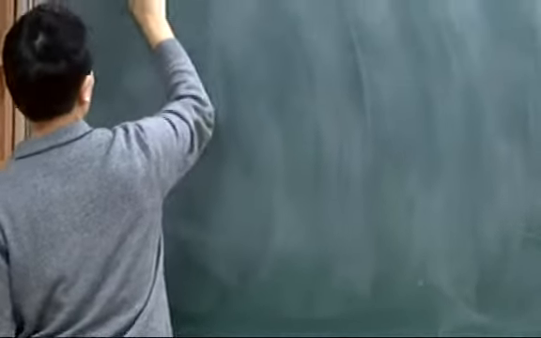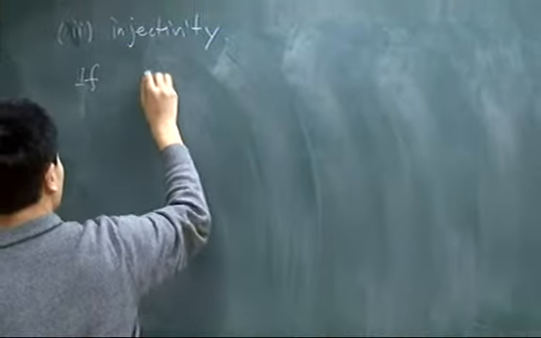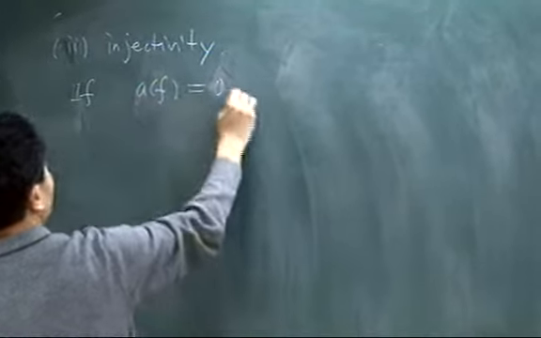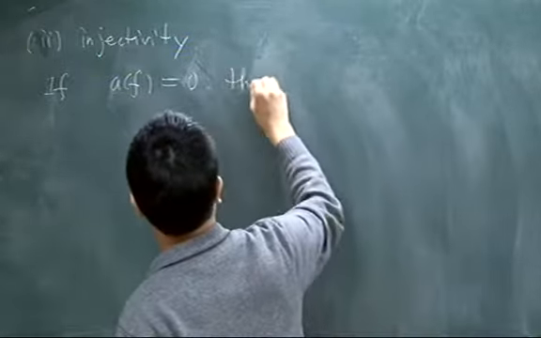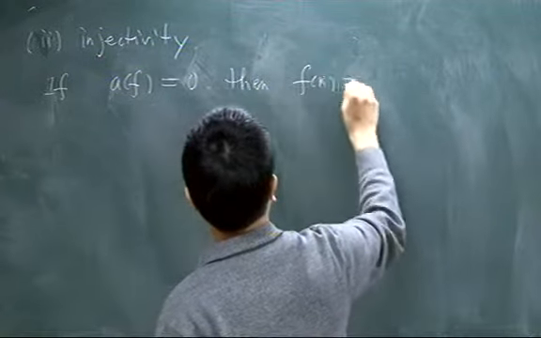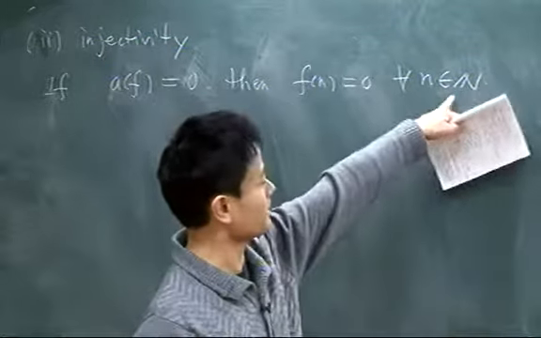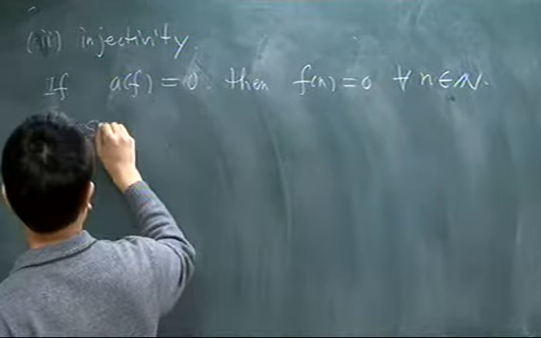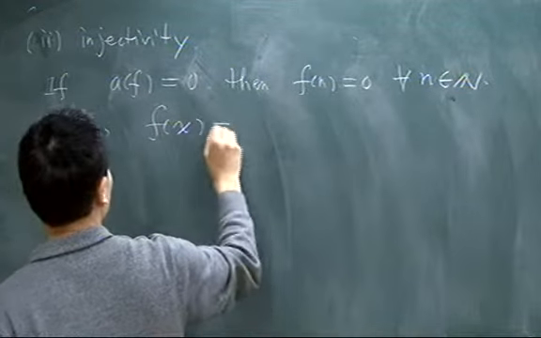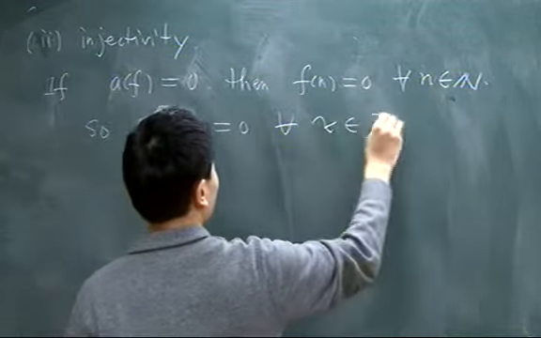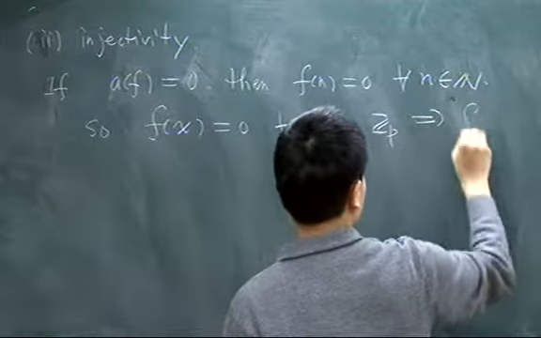If a(f) is 0, it just means all a_n(f) are 0, and then from here, by induction, you get f(n) is 0 for n in N. But N is dense in Zp, so we get f is 0.